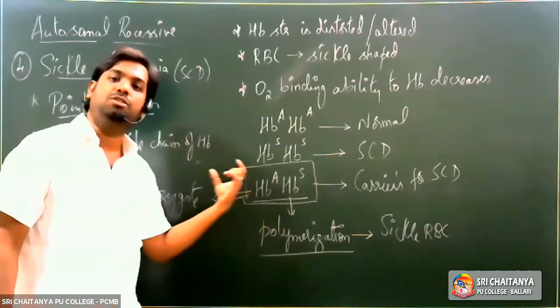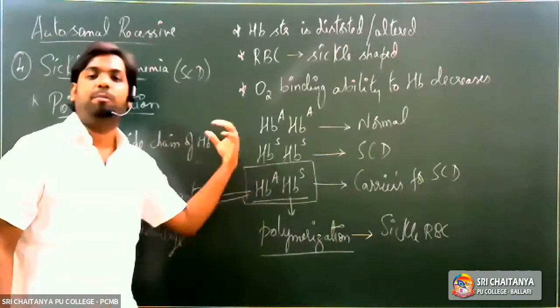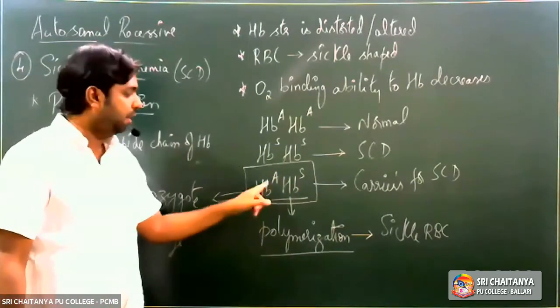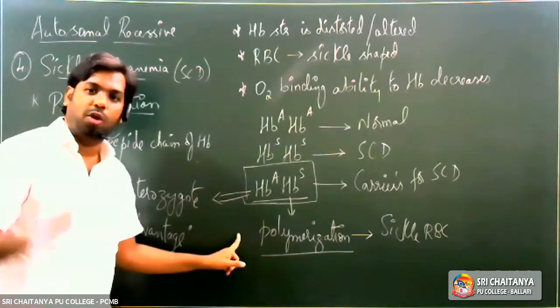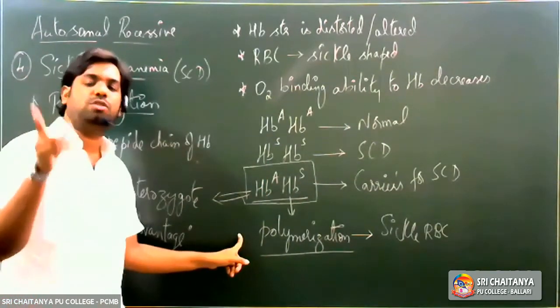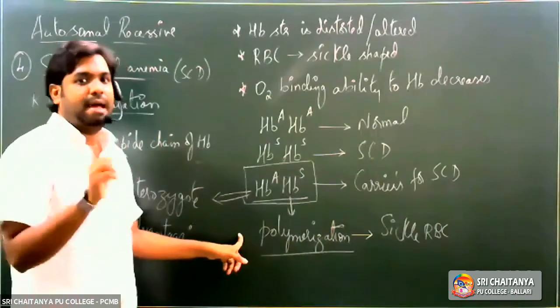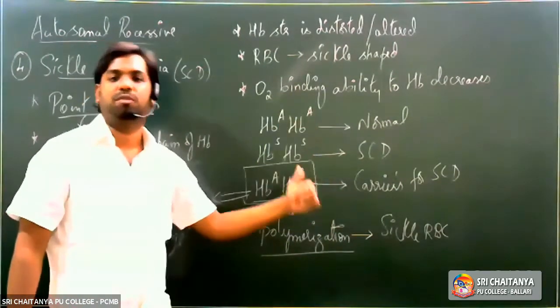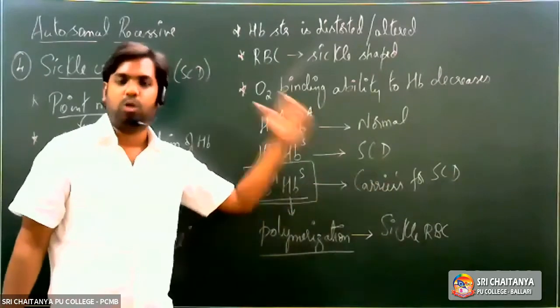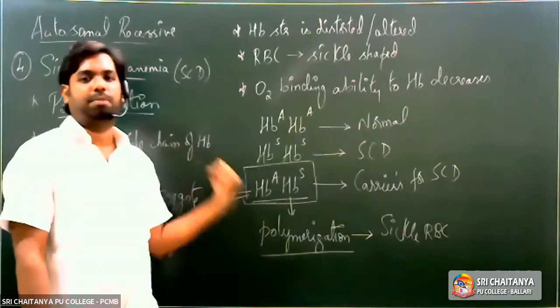Number one, the same gene is responsible for producing normal, biconcave, saucer or disc-shaped RBC. At the same time, the same gene is also responsible for producing sickle-shaped RBCs. So it could be taken as an example of a pleiotropic gene.